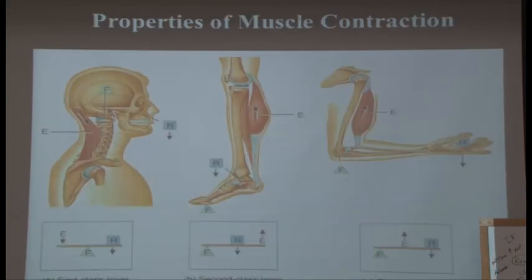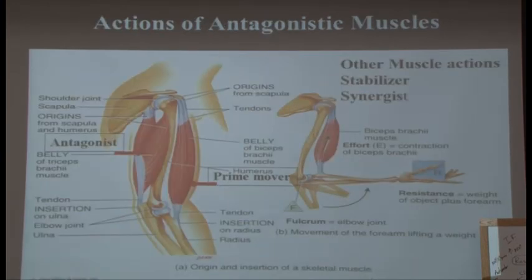Step two is recognizing that our body works by levers and lever systems. And so within a lever system, there are three components to it. So we'll go back to this one and then come forward.